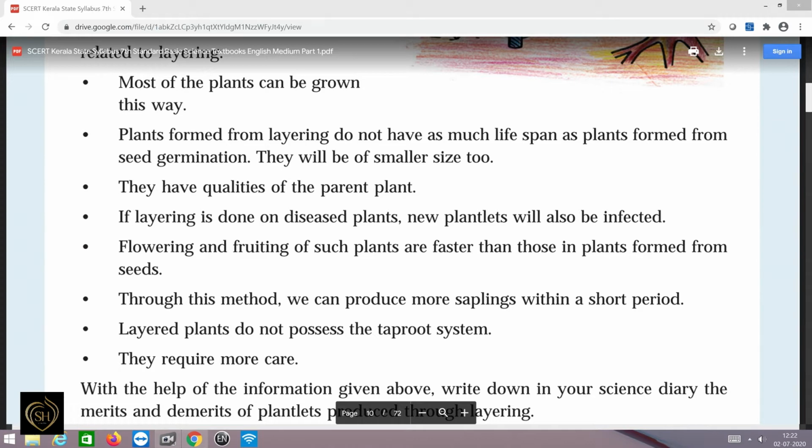Next, through this method we can produce more saplings within a short period. Next, layered plants do not possess the taproot system. Then they require more care. These are the merits and demerits of layering.